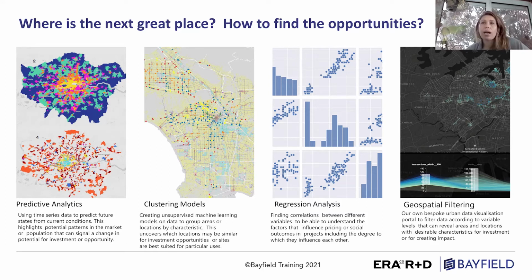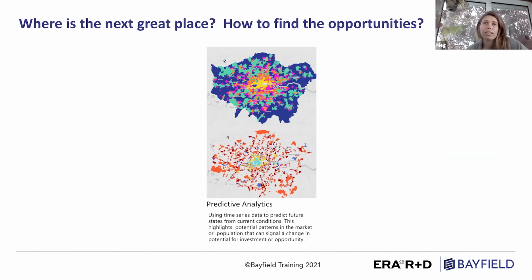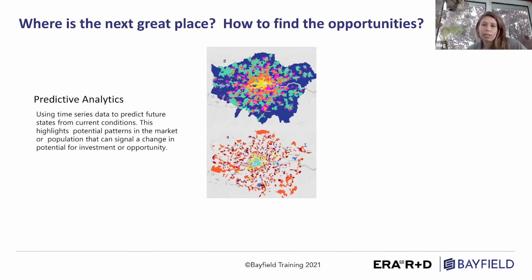So these kinds of methods look at that question on a large scale. Predictive analytics is an interesting field, and it's really looking at time-based data, where you have a series of data over time. What is difficult with this area is actually getting that data in the first place. Time series data is probably limited mostly to financial data or demographic data.